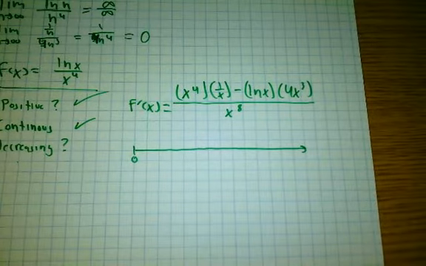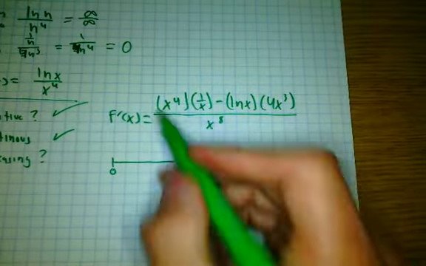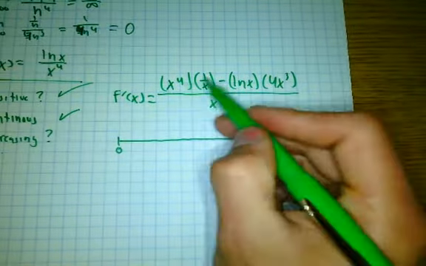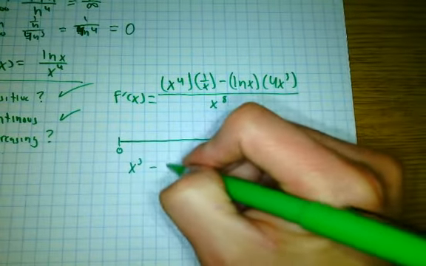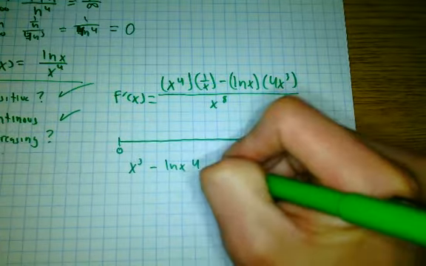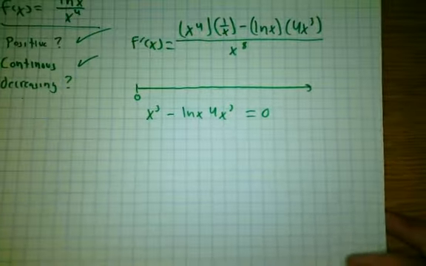Okay. We're going to set this equal to 0. You with me? So I'm going to simplify a few things. So this is x to the third, right? And then this becomes minus ln x times 4x to the third, and I'm going to set that equal to 0. What do you guys notice? Well, they both have an x to the third, right? So I can factor it out.